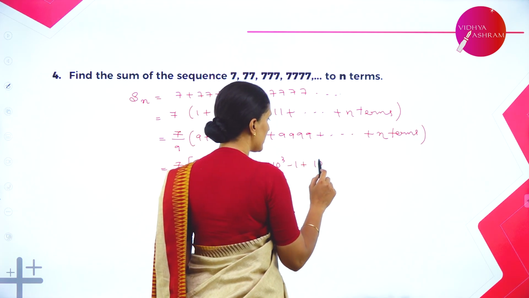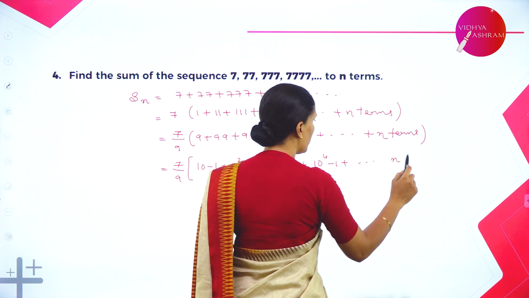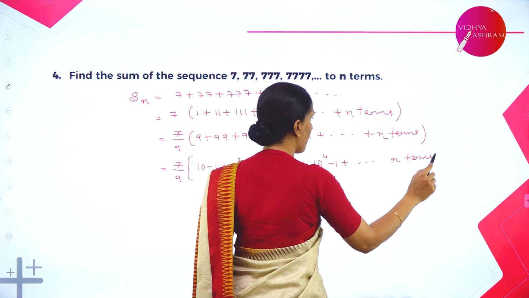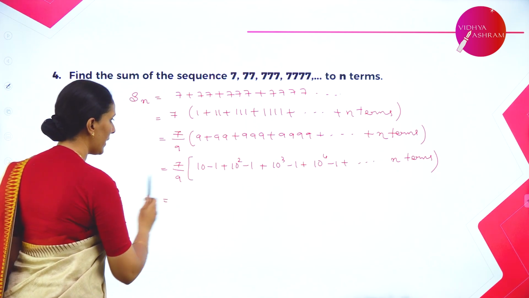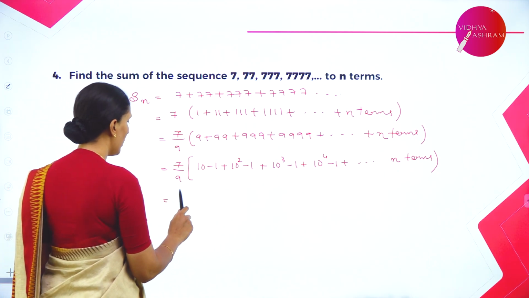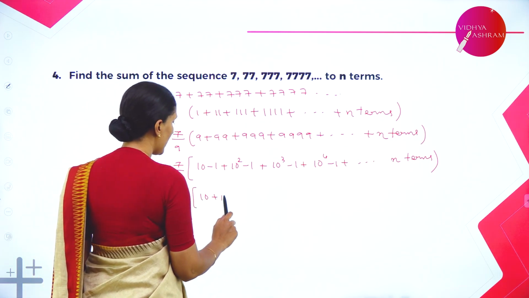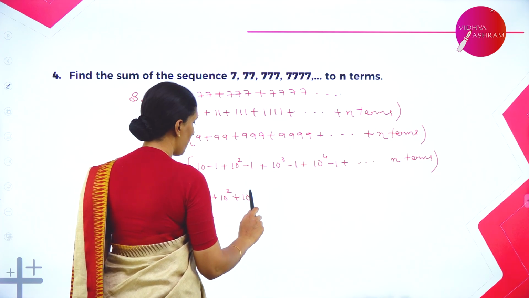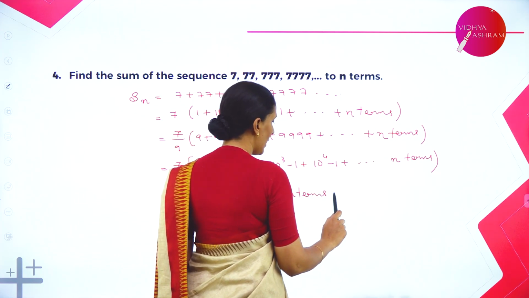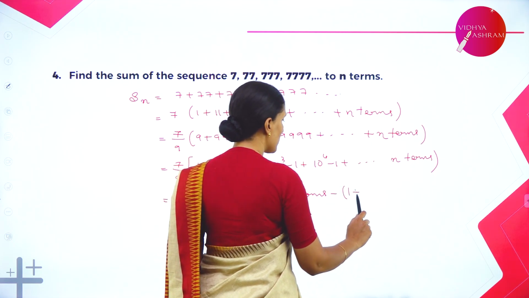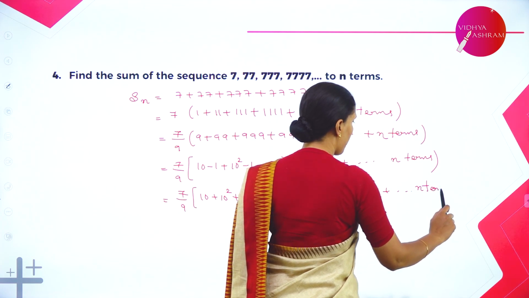Similarly, this is 10 power 4 minus 1, up to n terms. Now I will separate all the 10s and separate the 1s. Then 7 by 9 into 10 plus 10 square plus 10 cube until n terms, and taking minus outside, we have 1 plus 1 plus 1 up to n terms.